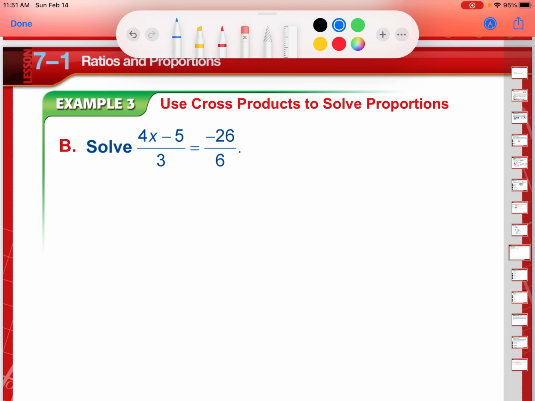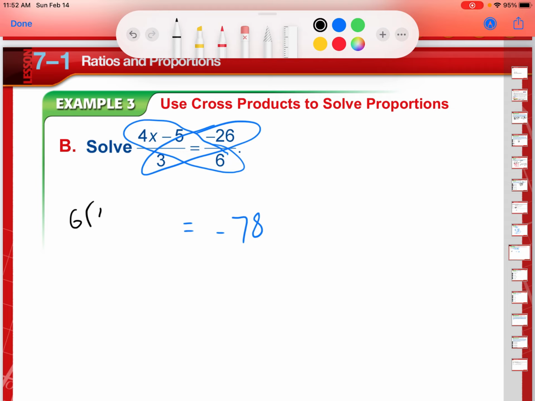So, continuing on, we would do the same thing with this one. So we would do 3 times negative 26, which would be negative 78, and that would equal 6 times 4x minus 5. Now, on this 6 times 4x minus 5, be careful because you are multiplying it to that whole piece there, so you do have to use distributive property.